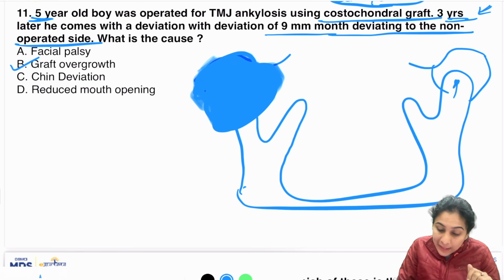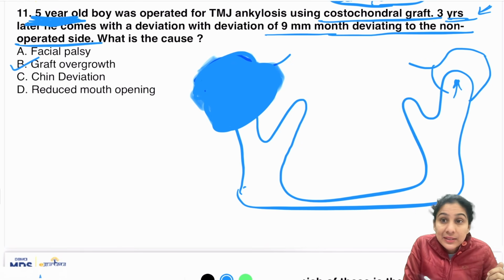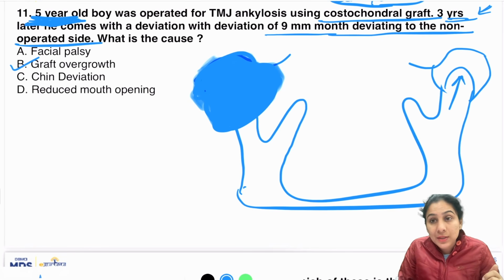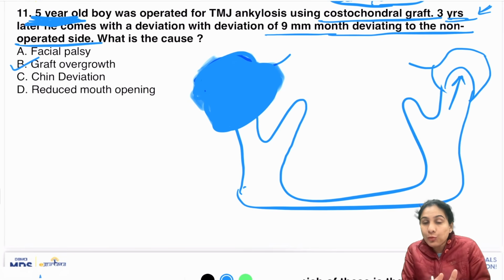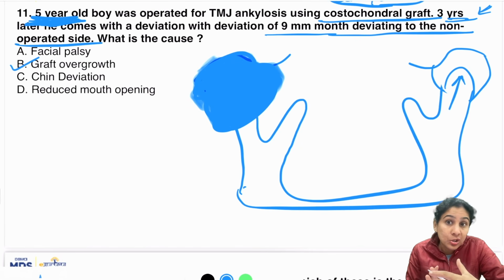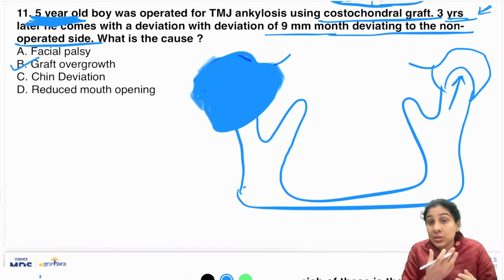Normally, this condyle in a 5-year-old child will be growing, right? So, what have I lost? I have lost a bone, I have lost a joint, and I have lost a growth potential. I have lost an area where there is growth. So, there is asymmetric growth, there is unilateral shifting of the mandible, and all of those things.